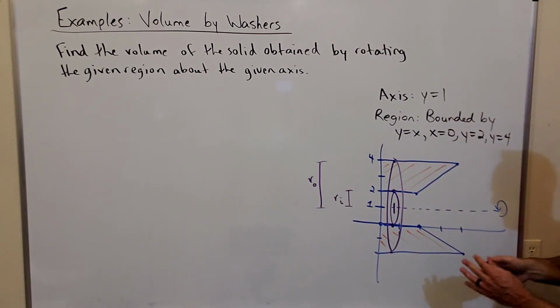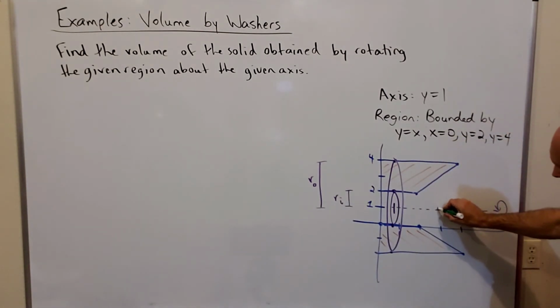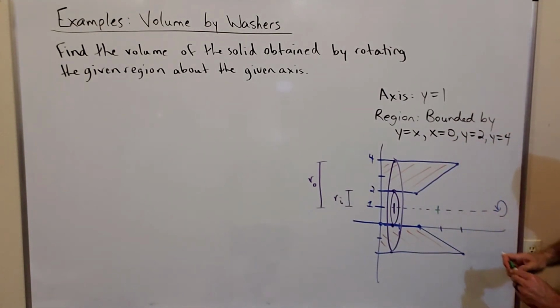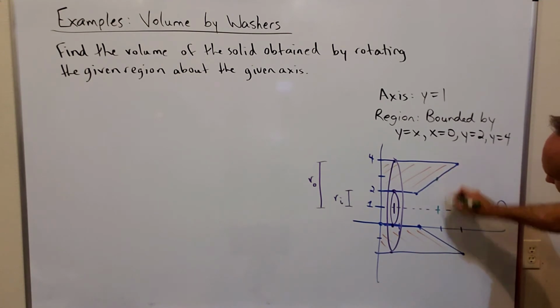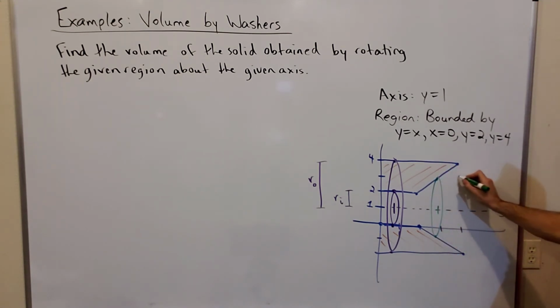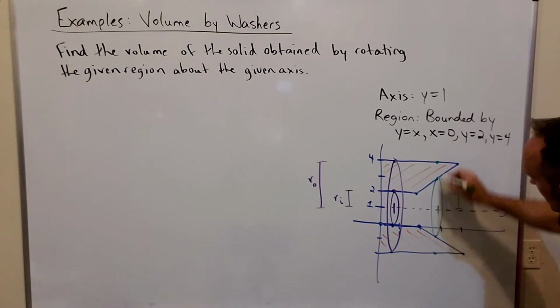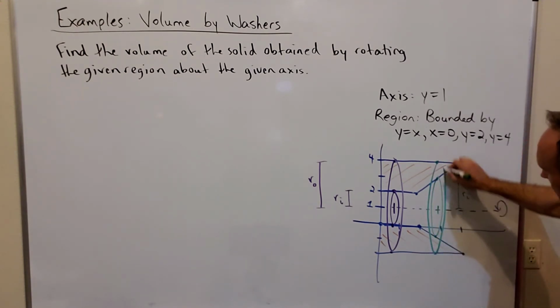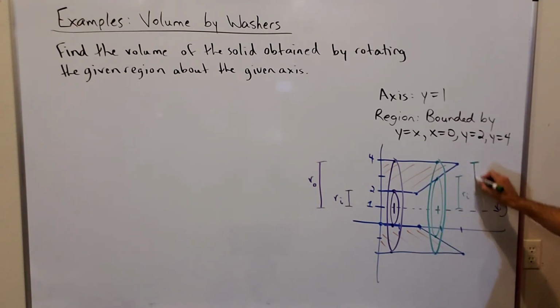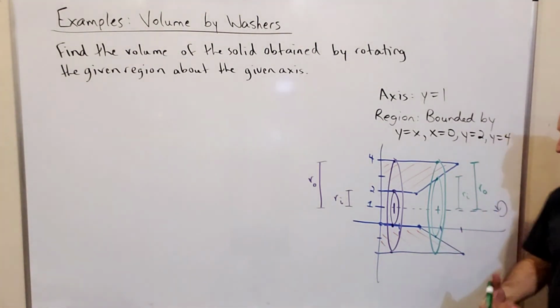But then if I were to slice over here, then my inner radius now looks like this, and my outer radius looks like this. So my washers are constructed differently.